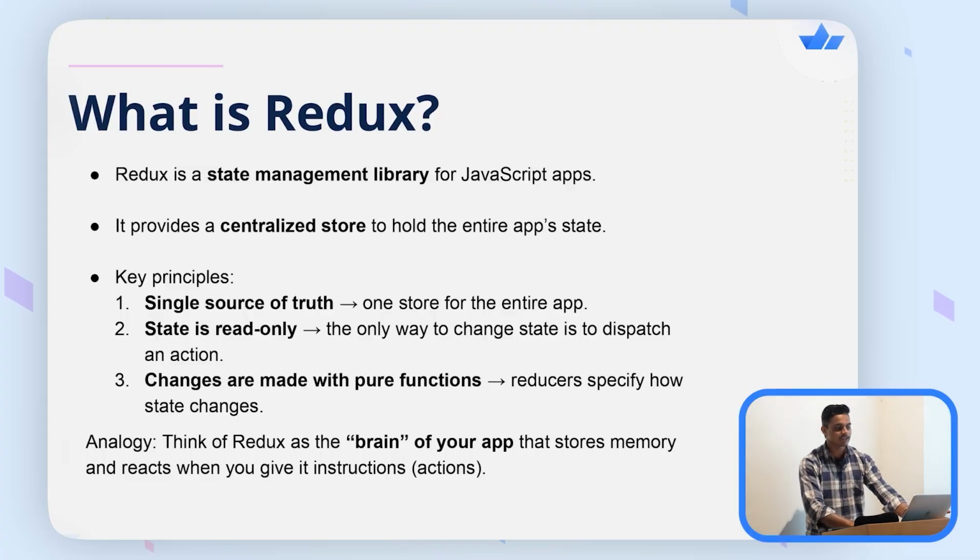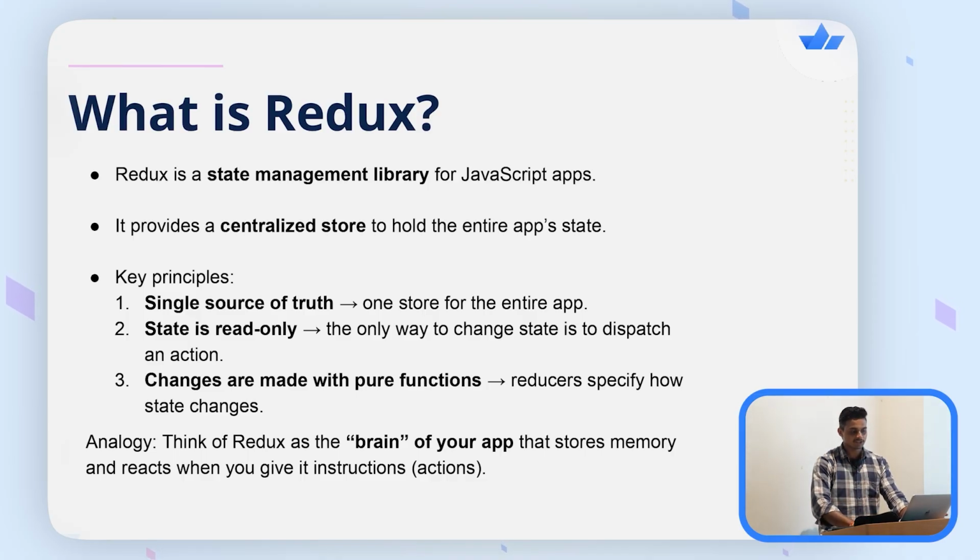So what are the key principles of Redux? First one is the single source of truth. It has only one single store from where you will fetch the values or store the values. Second one is that the states stored in the store are immutable and read only. They will be updated using only the reducers.